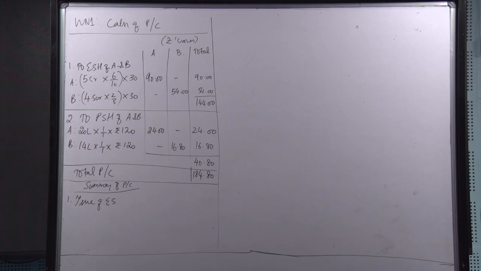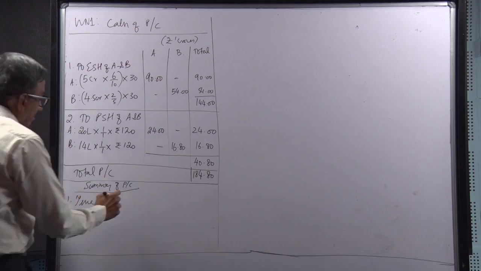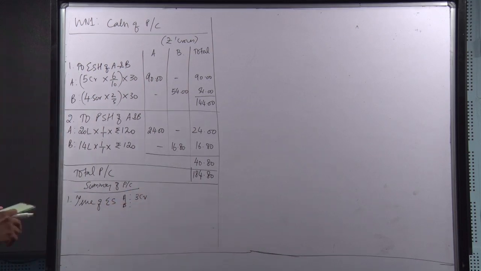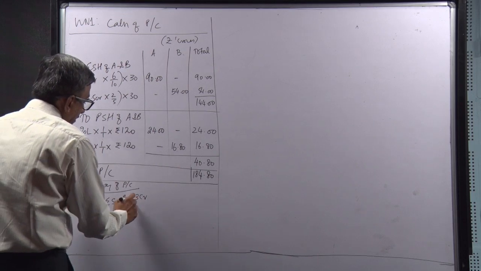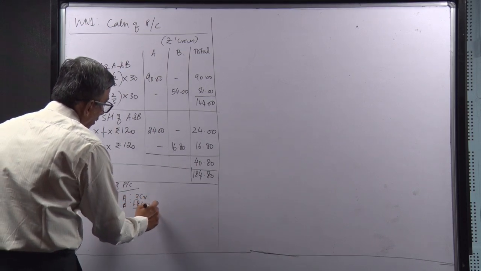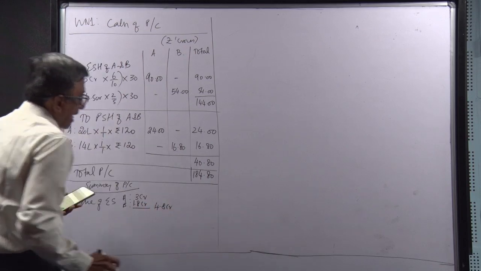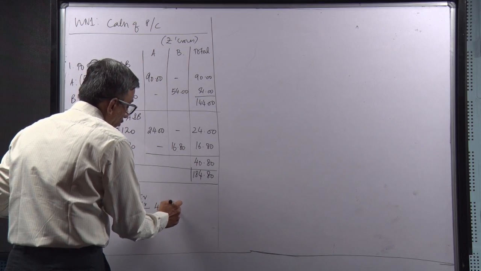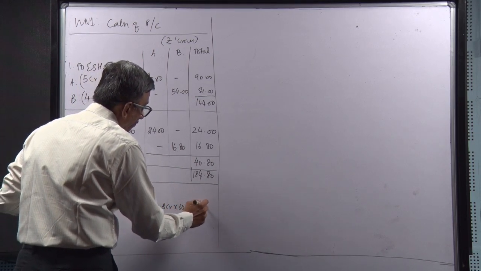A is getting 90 crores, per share 30, which means they are getting 3 crore shares. B is getting how many shares? 4.5 into 2 by 5. They are getting 1.8 crore shares. So in total 4.8 crore shares they are getting, at the rate of 30 will be equal to 144.